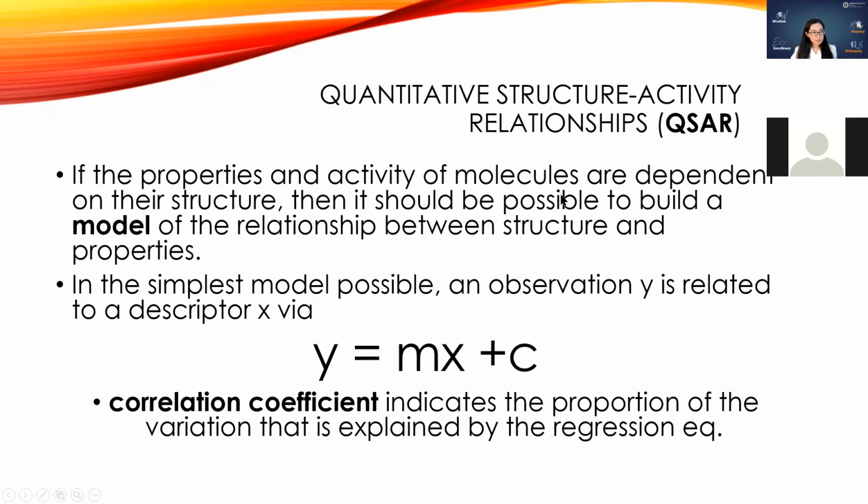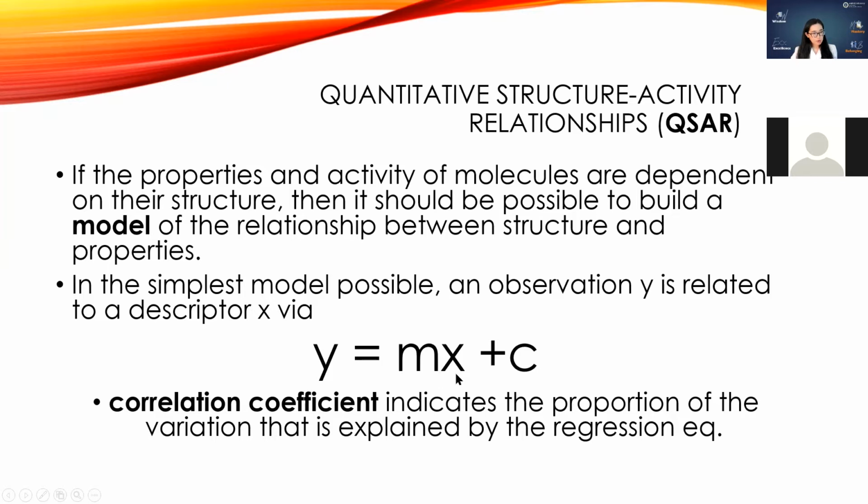From high school mathematics, we know that there is the linear equation, the simplest form, like y equals mx plus c in the expression. This m is the slope or the coefficient.